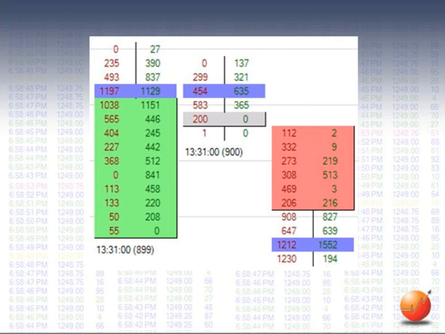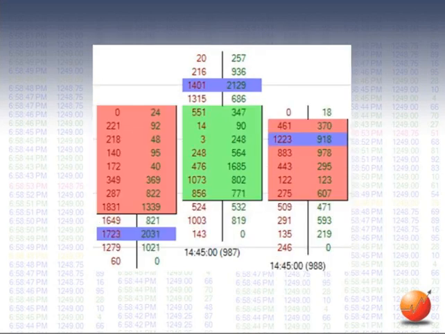Here's an interesting one. First pattern's responsive buying, and I'd say probably one of the best ones I've seen. Very, very light trade, with the bulk of the trade taking shape down here.